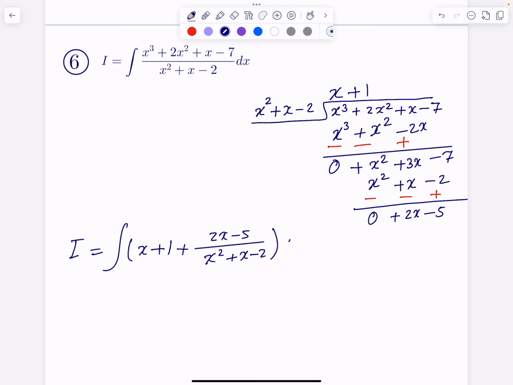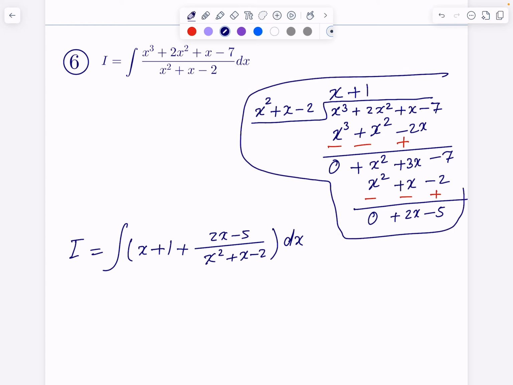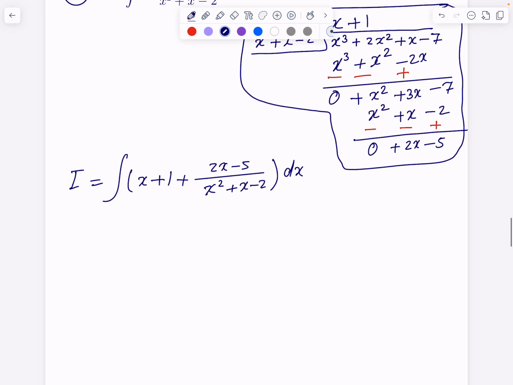And the whole thing is multiplied by dx. So I'm just going to cover this one up to keep it separate from the solution.